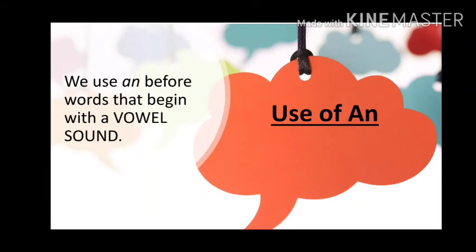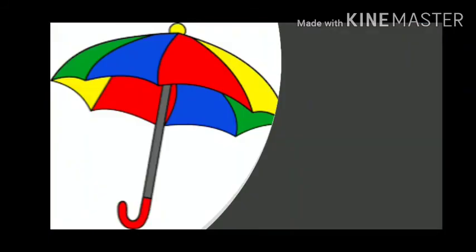Now, let's talk about the use of an. We use an before words that begin with a vowel sound. Let's have some examples.